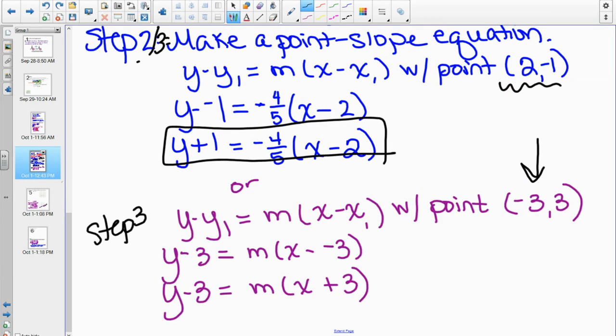So it's y minus y1 is 3 equals, oh, I forgot to put my slope in there. Let me fix that. My slope from above was -4/5 times x minus, and this time it's a -3. So when I rewrite it, it'll be y minus 3, that doesn't change, and then -4/5 times x, and then we're going to say plus 3 because minus a negative is an addition.